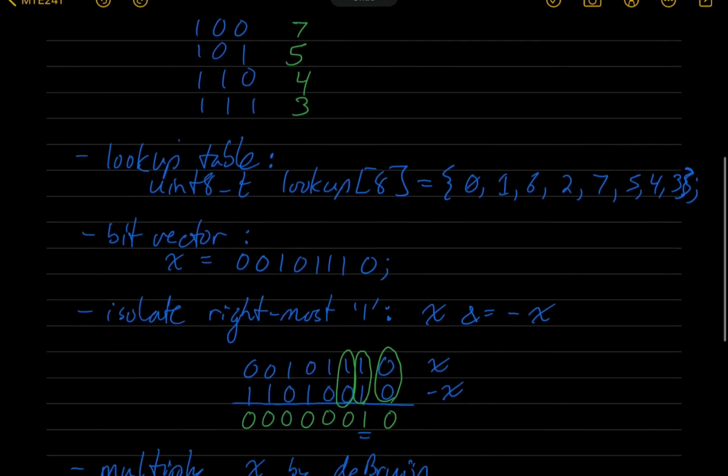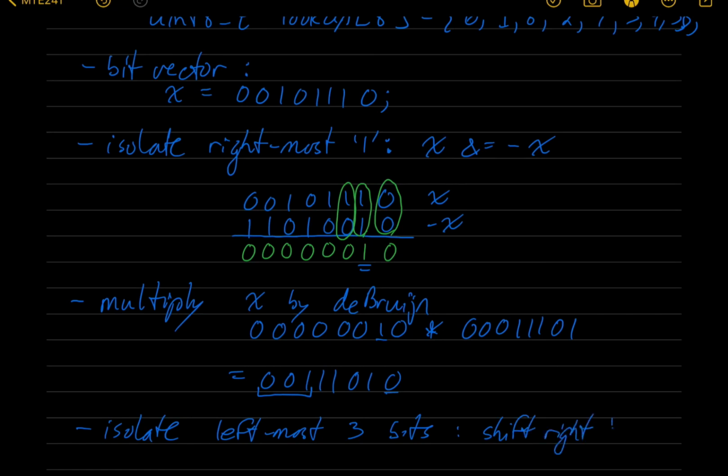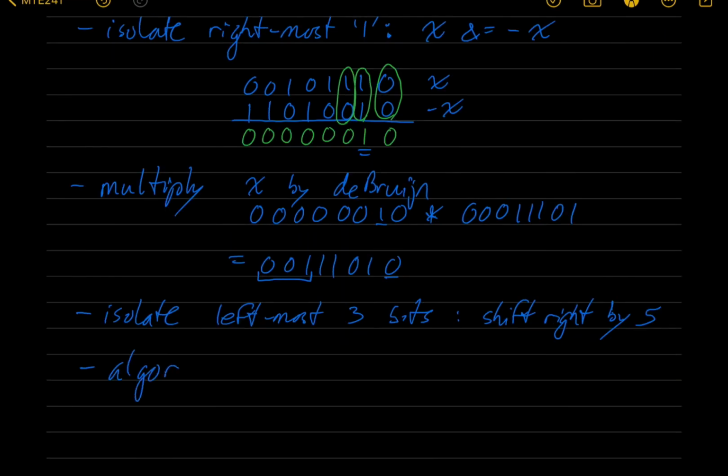So we can use our lookup table. To isolate those 3 bits, the leftmost 3 bits, the way that we can do that is we can shift right by 5.